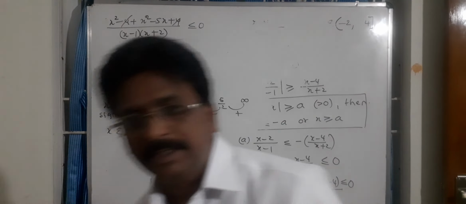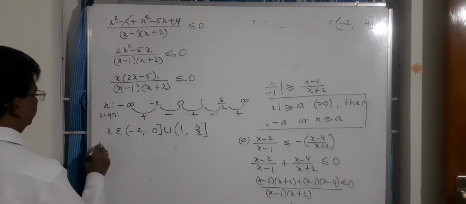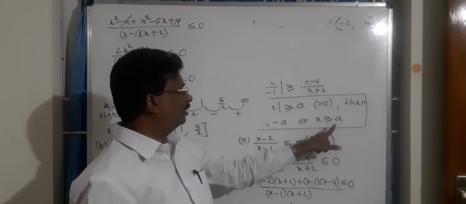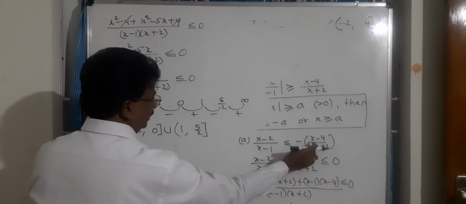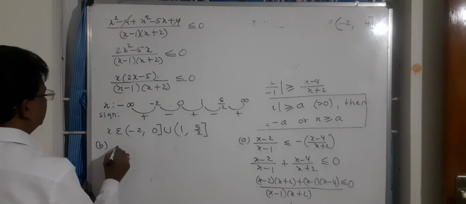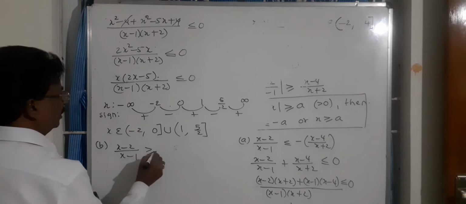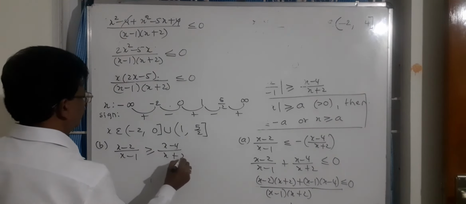Next, let us go for case B. Now what is case B here? x is greater than or equal to A. Here x means this one, A means this one. That is (x minus 2) divided by (x minus 1) greater than or equal to (x minus 4) by (x plus 2).